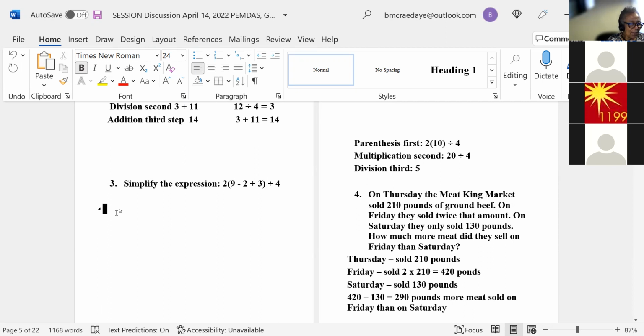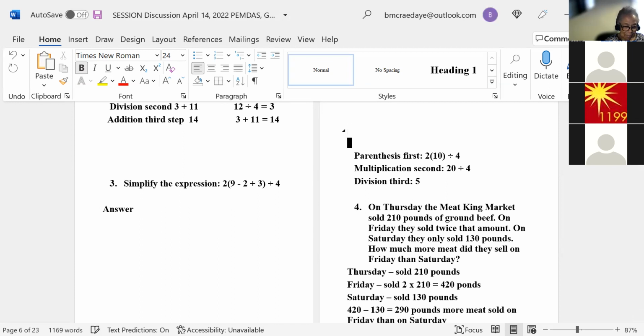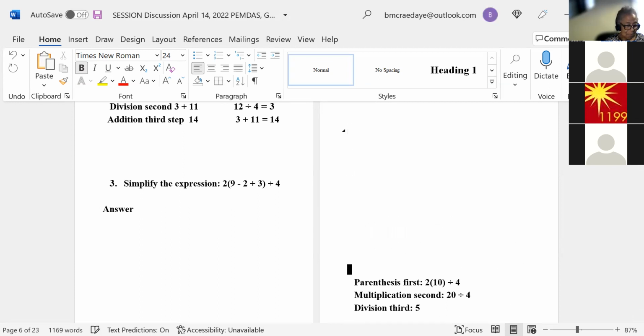What's the answer? Anybody want to give the answer? We have to do everything in parentheses first. So you do 9 minus 2, you get 7, plus 3. Okay, I get 10.